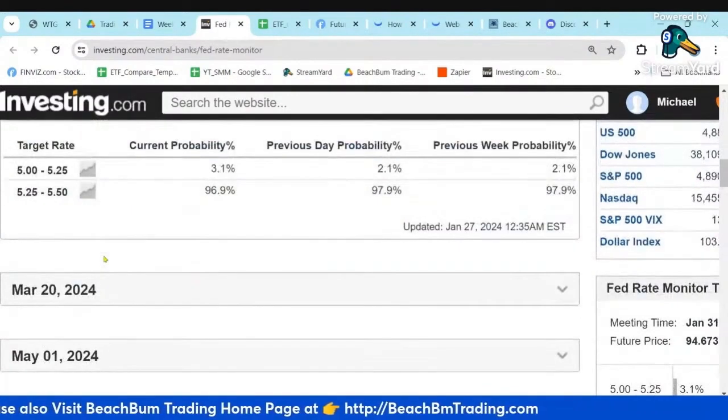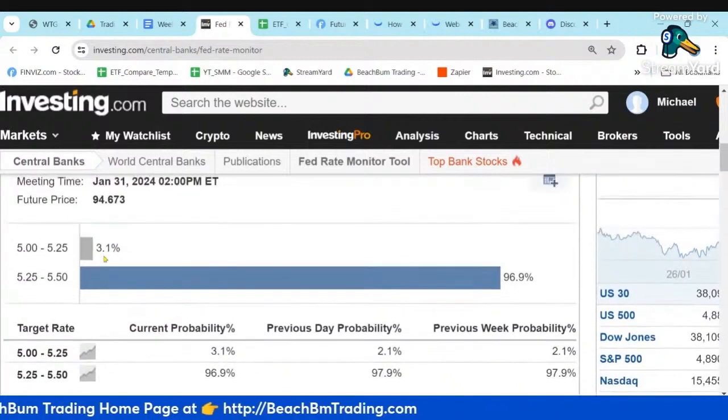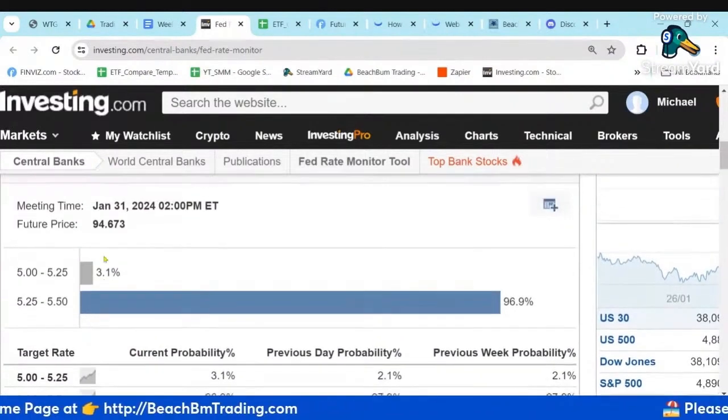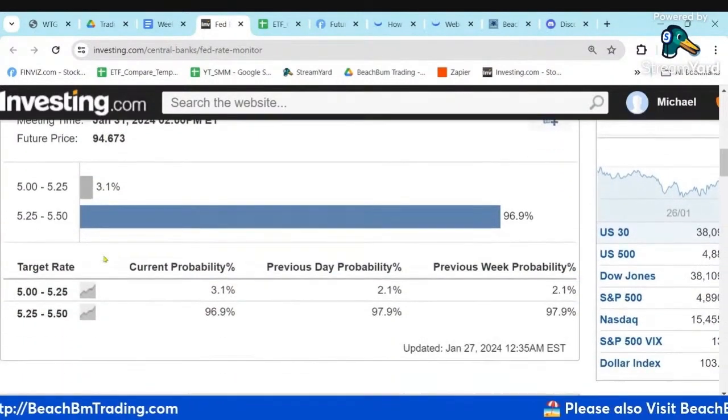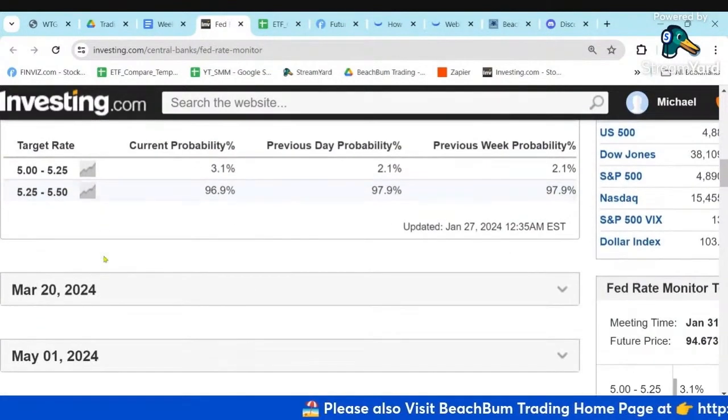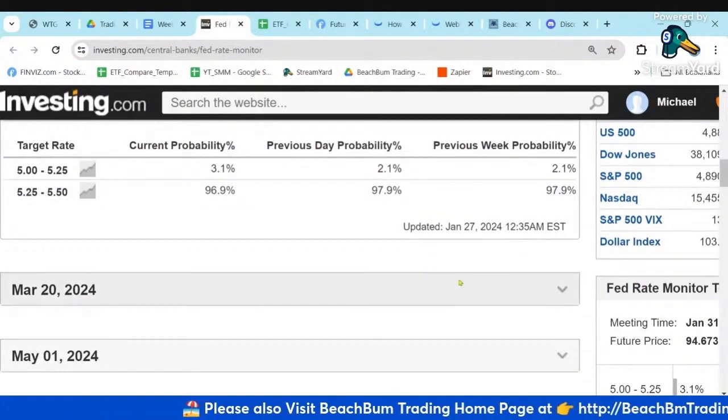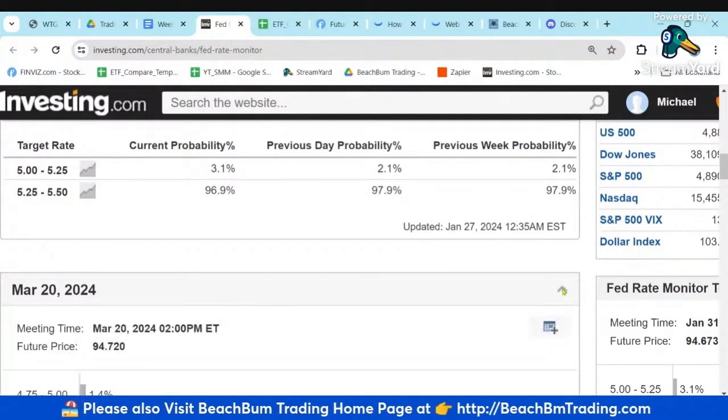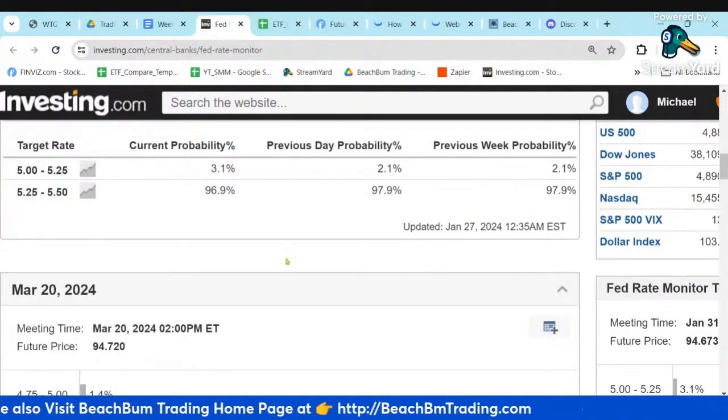So very low probability of any change this week. And that's, again, what I would propose. No change, no cut, no hike, just a lot of discussion about being data dependent.